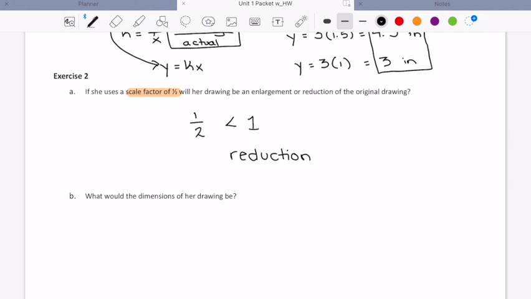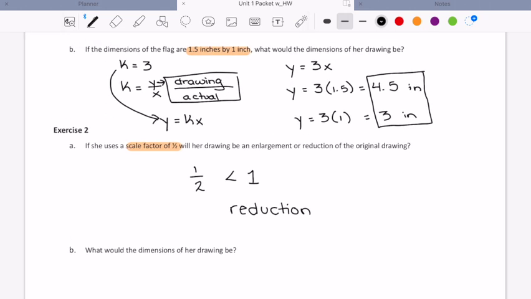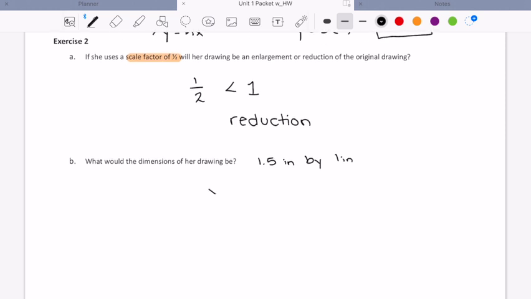And the new dimensions of her drawing. So we're taking the dimensions from the problem up above, so that was 1.5 inches by 1 inch. And I'm going to use my new formula, this time with a scale factor or a k value of 1/2. So I'm going to have y equals 1/2 times x. And I'm solving for the drawing, so drawing is the y variable.